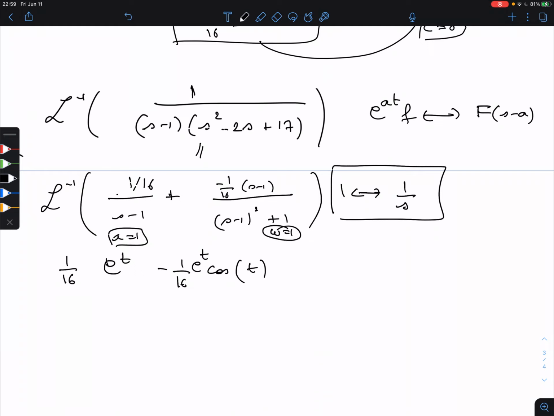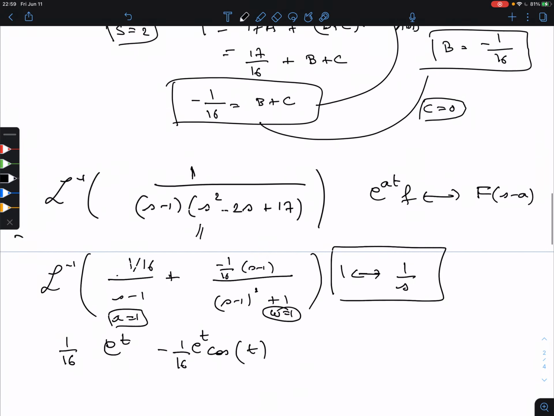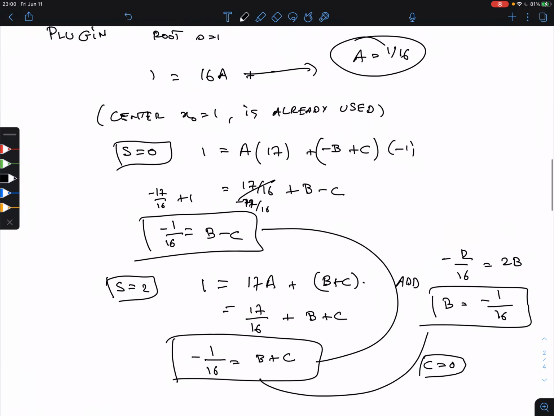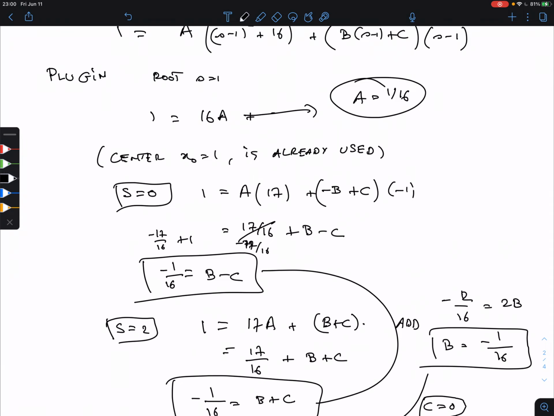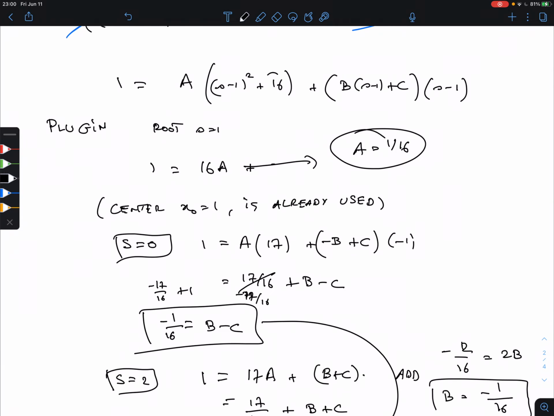Okay? So the solution... what was this? 2.7b. B, just double checking that. 1 minus cosine 4t. I copied something wrong. 16, right?